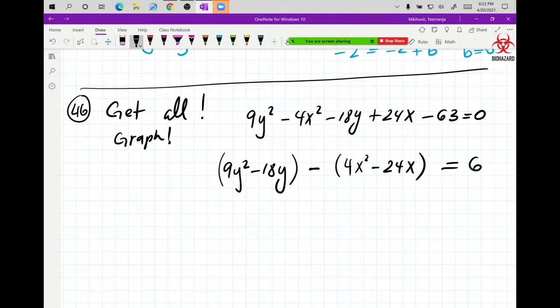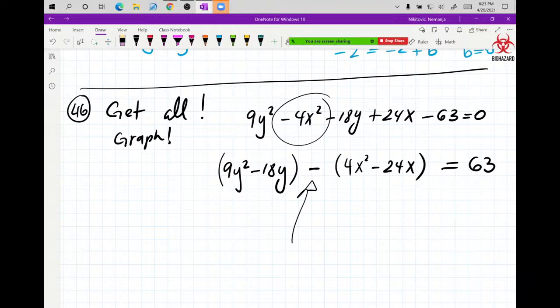And then I'm just going to shift 63 onto the other side, so it's not annoying. Please note that for the x terms, I factor out the negative sign because I am aiming for a hyperbola equation.